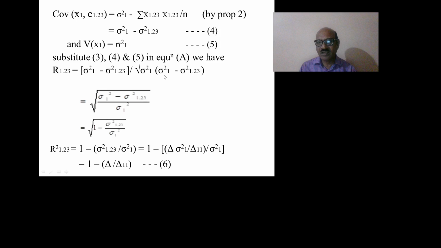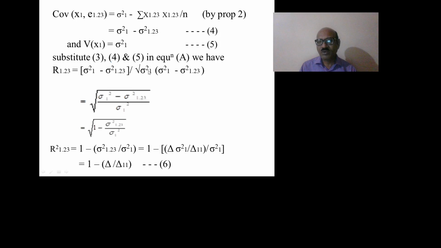Now this numerator can be written as, instead of writing only this term, we will write it 2 times the root, under root sigma 1 square minus sigma 1.23 square, into under root the same expression 2 times. So one sigma root and one root will get cancelled. You are left in the numerator with only this term under root, and the denominator will be under root sigma 1 square. So that is written in the next step.